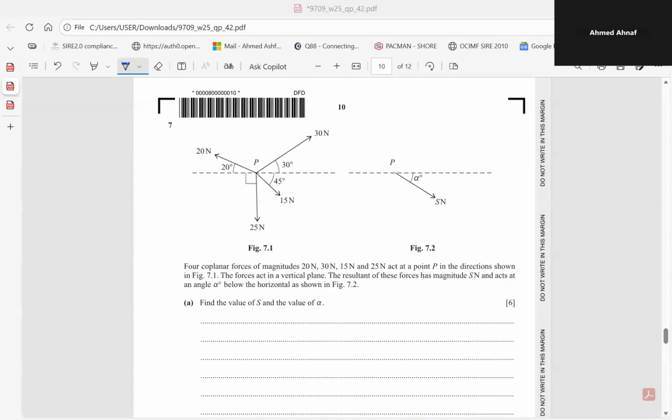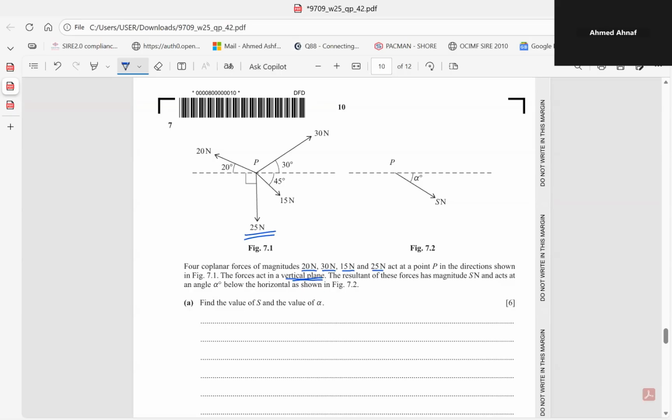For this question, we're given 4 coplanar forces of these magnitudes. You can see it's all in here. The angle and directions are from figure 7.1, forces in the vertical plane.